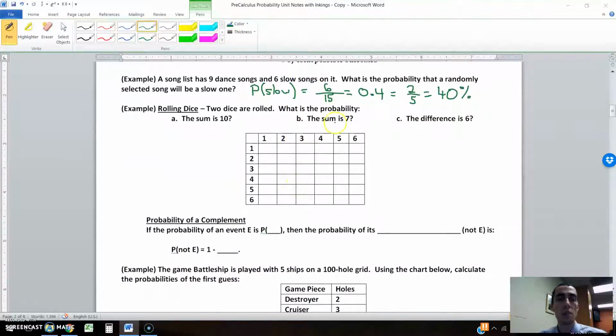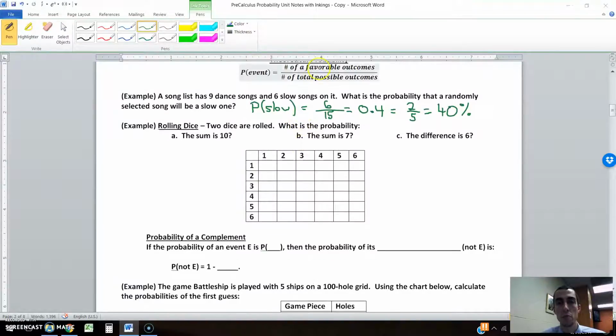In this next example, we've got rolling dice. 2 dice are rolled, and we want to know the probability of having a sum of 10. So we need to find the number of favorable outcomes and divide it by the number of total possible outcomes. So to find the number of total possible outcomes, we can look and see that we'll call this one die 1 and the other one die 2.